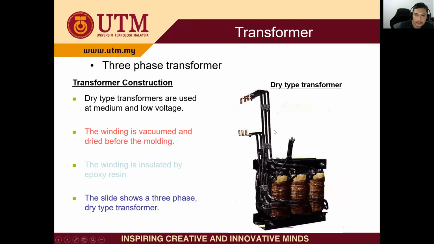And the last one is air cooling, meaning that the transformer is open, and the cooling is done by the environment. This is what we call a dry type transformer, and it is usually used at medium and low voltage.